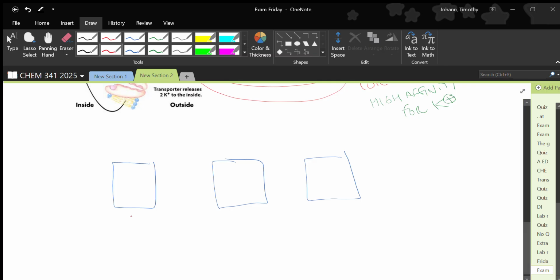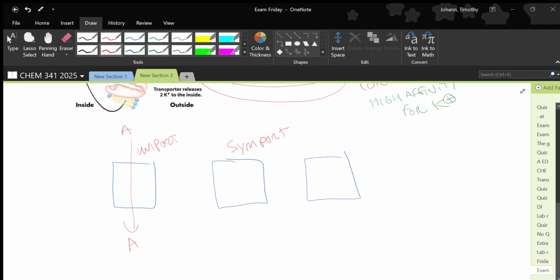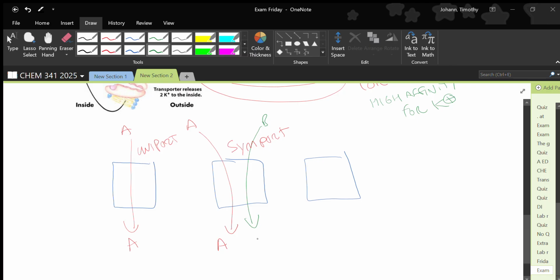Okay, so we have uniport, which is one thing. We'll just make it A moving through. Symport is going to be two things moving through in the same direction. This could be A, and this could be B. And then we have antiport, which could be A moving in one direction, and B moving in the other. Let's make B green.